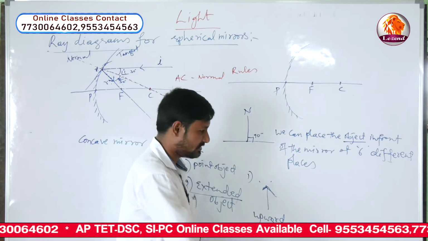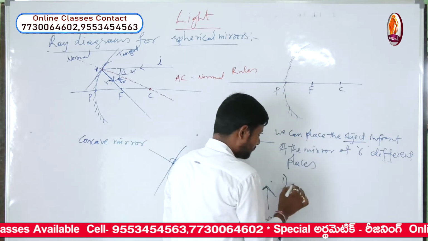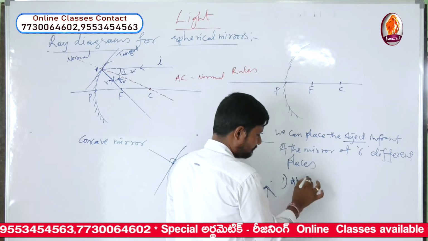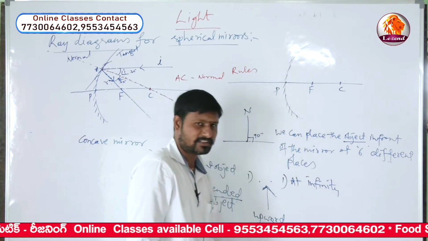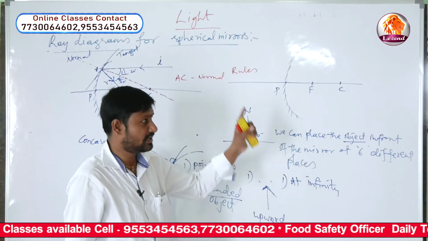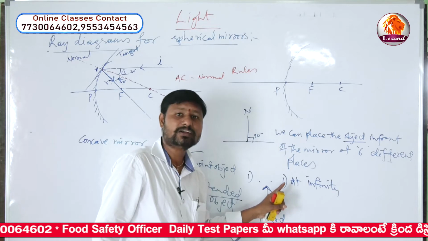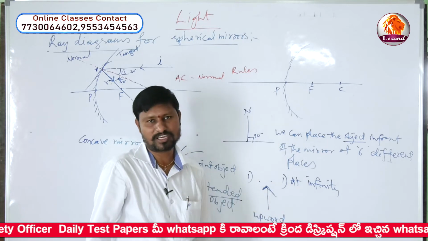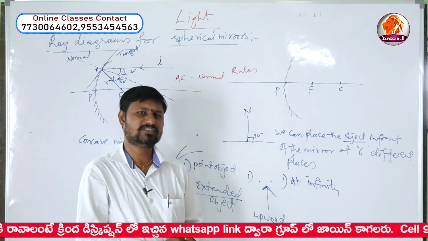6 different places. Number 1. So here the object is at infinity. Object is at one of the places. When the object is at infinity, where is the image formed, and what are the characteristics of the image we should see. And characteristics or properties of image means what?